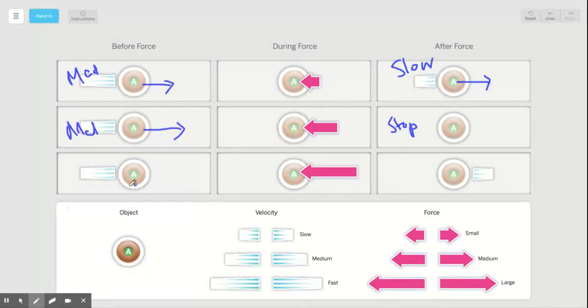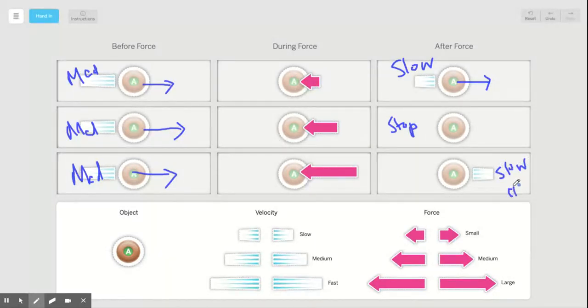Okay, let's move on to our last row. Again, we started off at medium velocity, and object A is moving to the right. A large force is now exerted on object A in the opposite direction. And over here, we see that there's a change in direction and a slowdown.